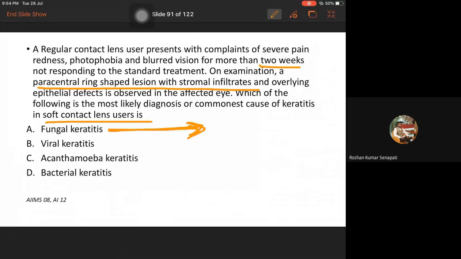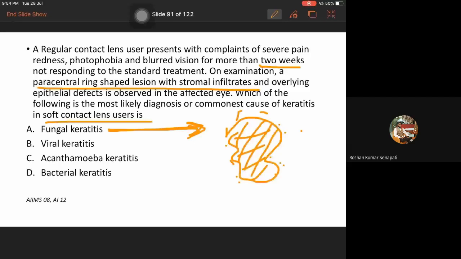Absolutely. Very good. Also, if you look at the lesion of fungal keratitis, it has dry-looking, hyphate margins, and finger-like satellite lesions. You also have something known as hypopyon. That is very important.